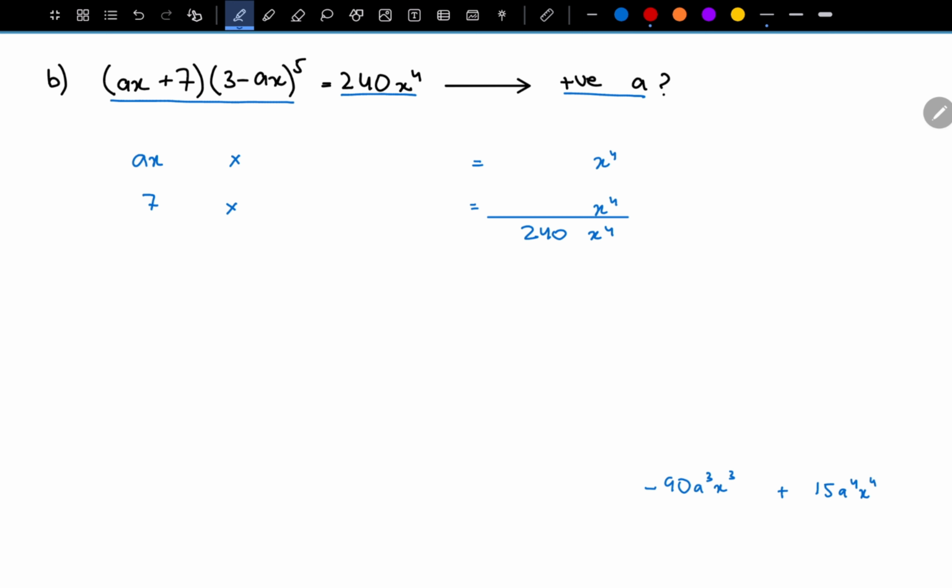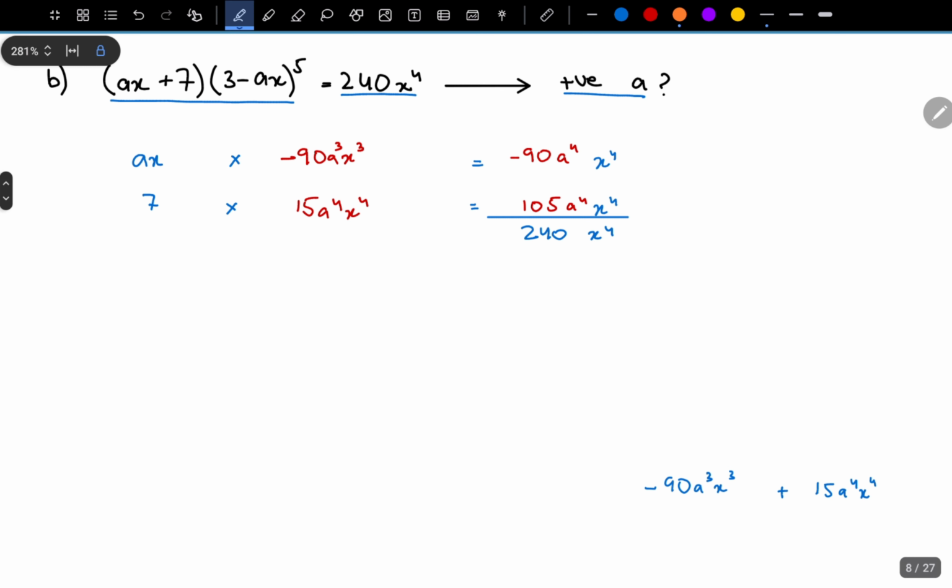So we can copy it over here, minus 90 a cube x cube and 15 a to the power of 4 and x to the power of 4. Solving this will give us minus 90 a to the power of 4 and x to the power of 4, and the second one will give us 105 a to the power of 4 and x to the power of 4.